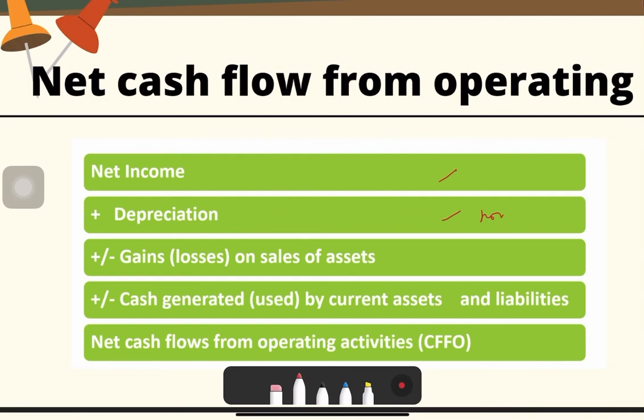And then you add any gains, or minus any losses on the sales of assets, and then you add cash generated or minus any cash used by the current assets and liabilities, and then you will get the net cash flow from operating activities, CFFO.